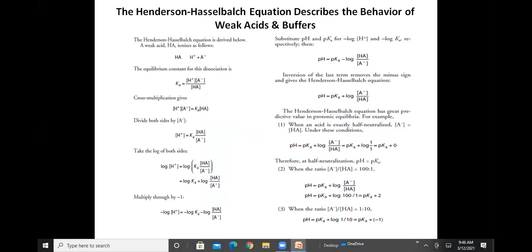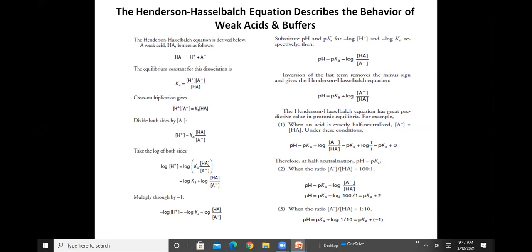I said that pK is the negative log of Ka. It is also the pH when the concentration of base and acid are equal. It is equally the pH when an acid is half neutralized, meaning half of the acid has undergone a neutralization reaction with a base.